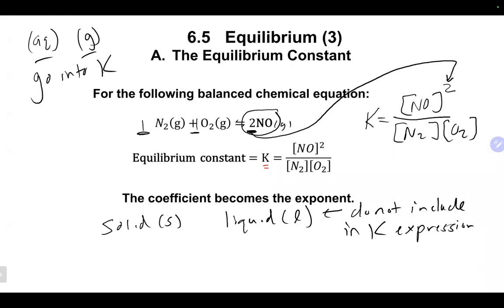The reason we don't include the solid or the pure liquids is for a couple of reasons. First off, the solid is a solid, which means if you just think of a rock in water, it's just sitting there, right? It's not really doing much. The only way a solid really could do anything is if you dissolved it, and then it would no longer be a solid. It would be aqueous ions floating around, which then can interact and participate. For something that's a pure liquid like water, the concentration remains constant throughout the whole process.